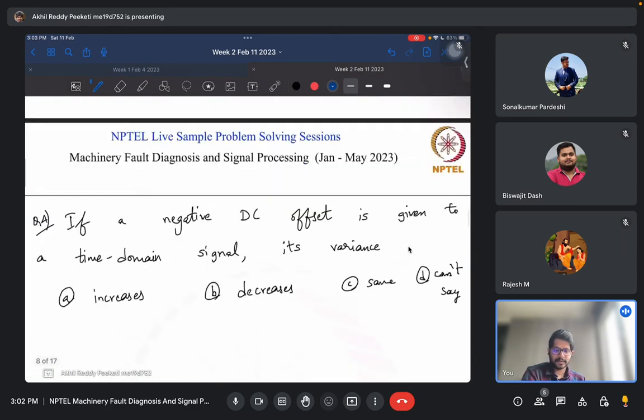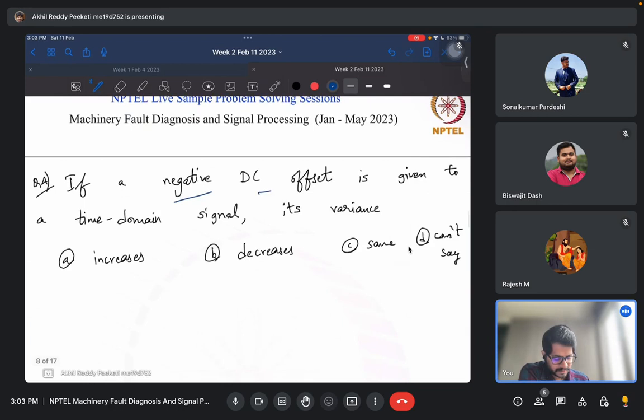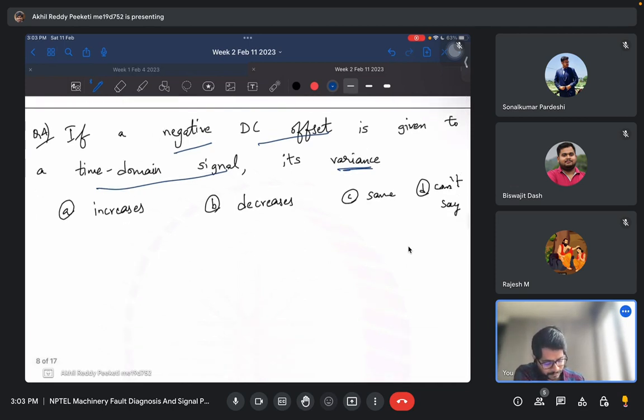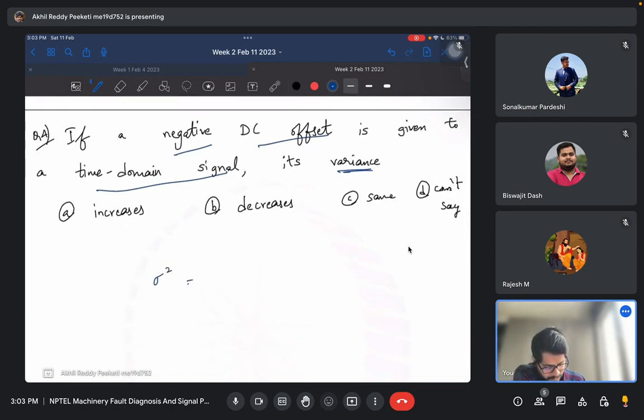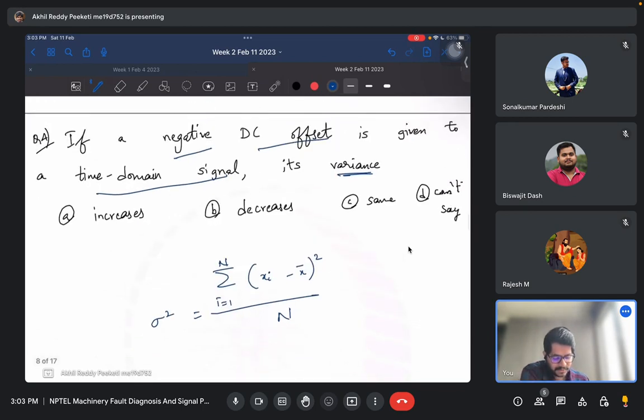So next, look at a different question. If a negative offset is given to a time domain signal, what happens to its variance? So what is the formula for the variance? Sigma square is equal to the sum of (xi minus x bar) whole square by n.